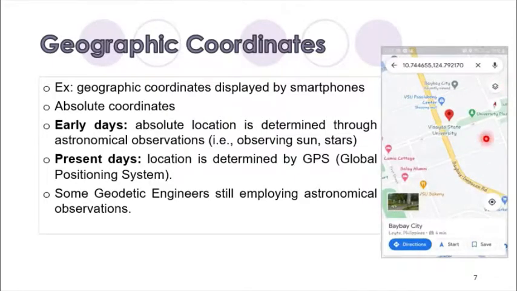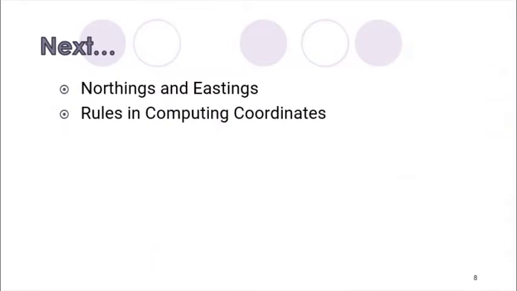Again, the coordinates displayed on your smartphones and Google Maps are an example of a geodetic coordinate system. Next would be the northings and eastings and rules in computing the coordinates.